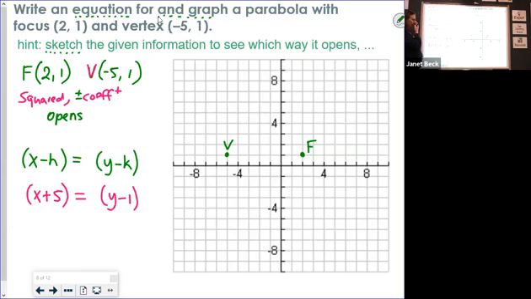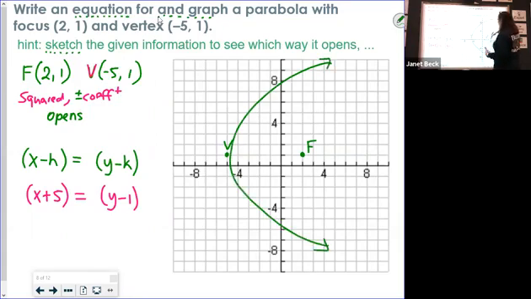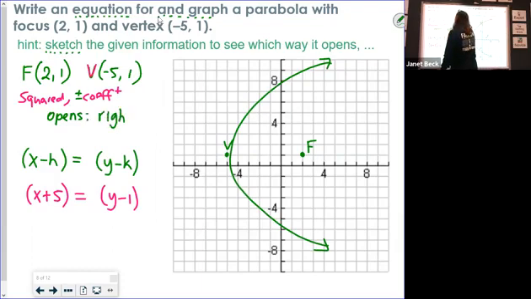And there's one other thing I can tell. Remember that a parabola is like a cup, and the focus is inside the cup. So that's inside the cup. This is literally going to have to open like that. Now, I don't know the width or anything like that yet, but I know that it opens to the right. And that tells me two things. It tells me it's not x that's being squared.